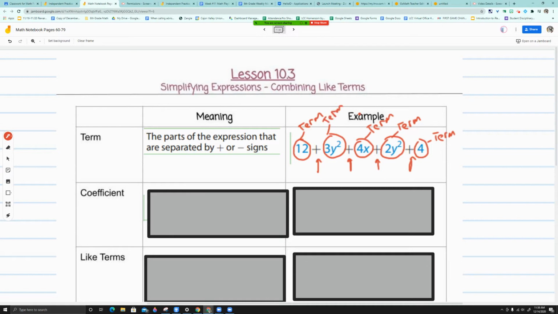I'm just trying to make the point. They're all terms. Why are they all terms? Because they're all being added together with plus signs in this case. If they were subtracted from each other, they'd be terms too. They'd be using negative signs, right? Minus signs. Those are all terms in the expression.